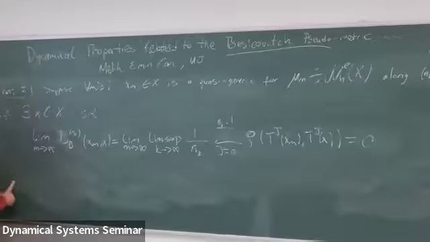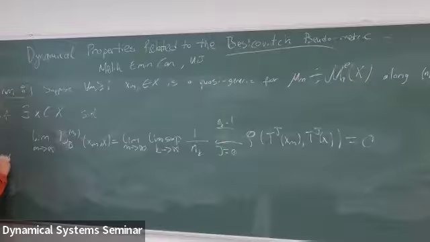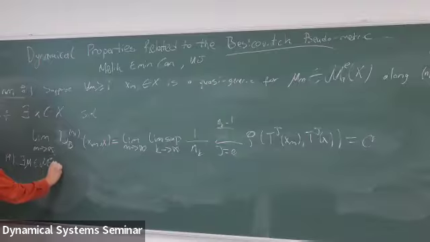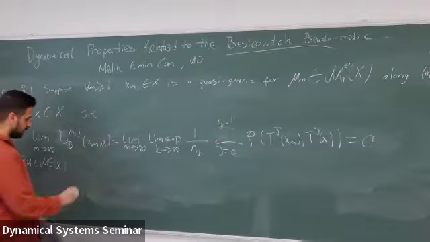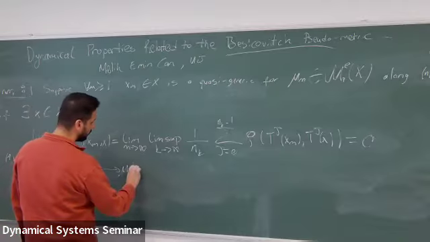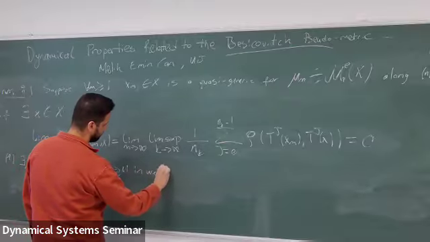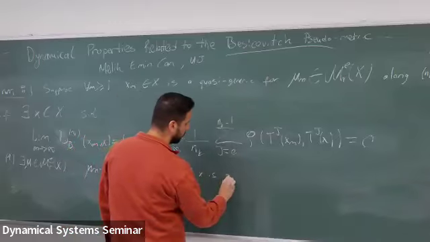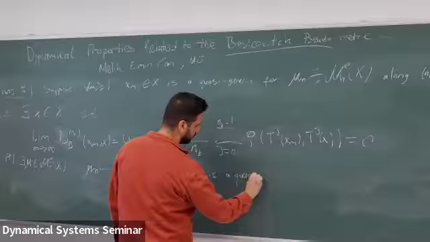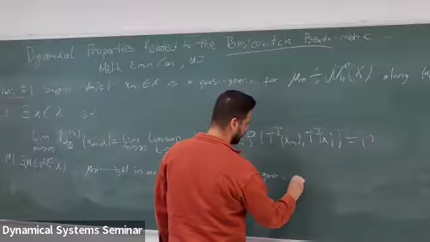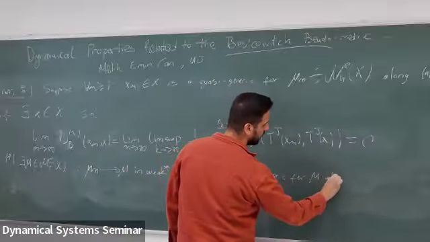And the following is true: there exists an ergodic measure mu such that mu m converges to mu in the weak star topology, and x is a quasi-generic point for mu along nk.